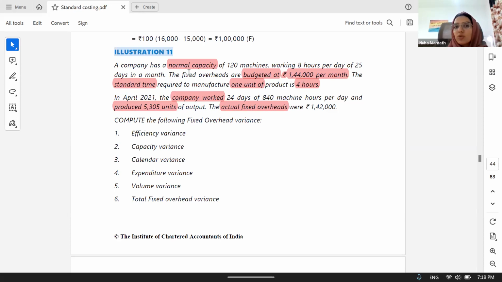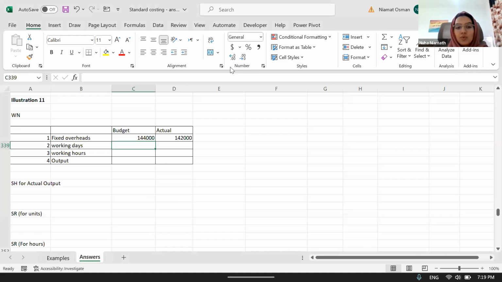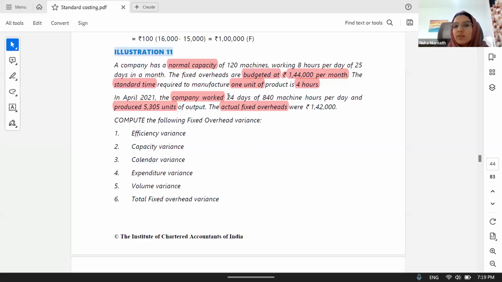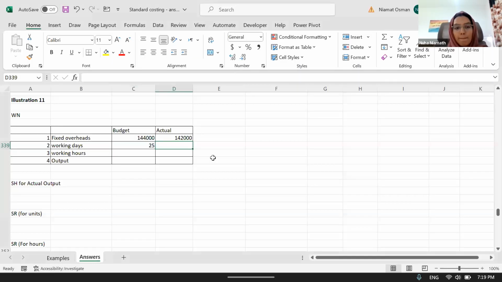Normal capacity means your budgeted capacity, the capacity that is with you. But the actual days worked is only 24 days. So that's bad.